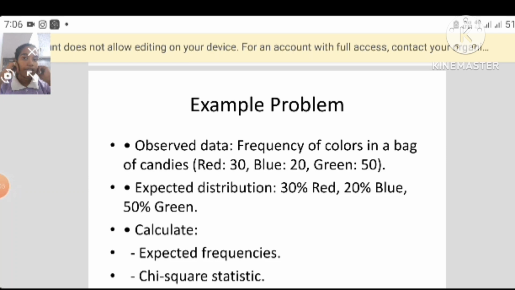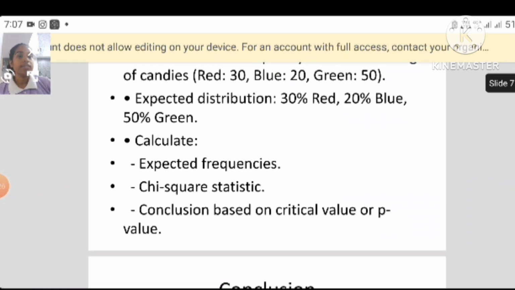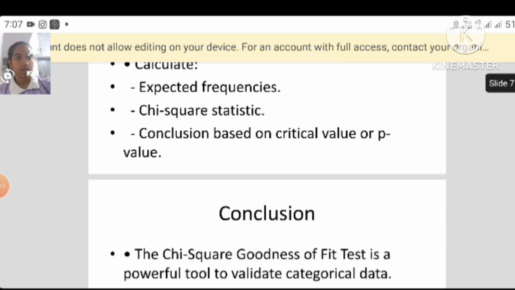The expected distribution is 30% red, 20% blue and 50% green. Now let us calculate the expected frequency, the chi-square statistic, and the conclusion based on the critical value or the p-value.